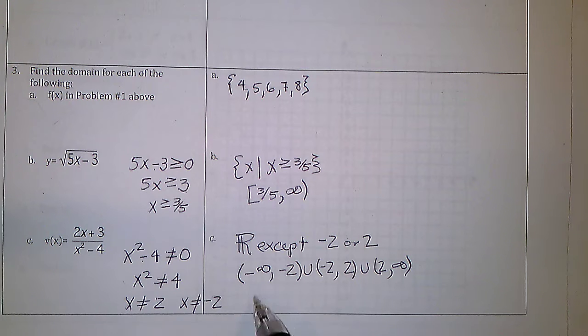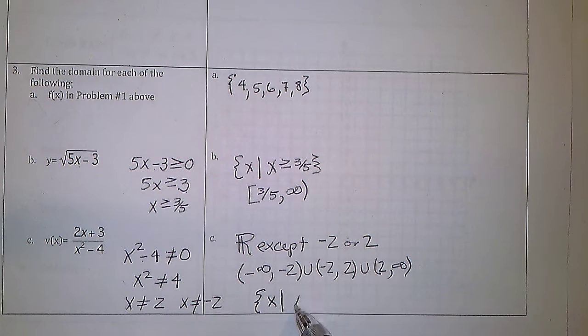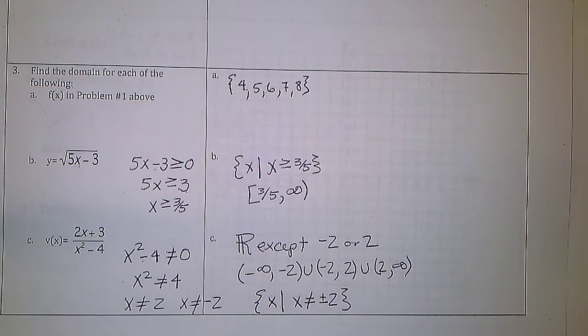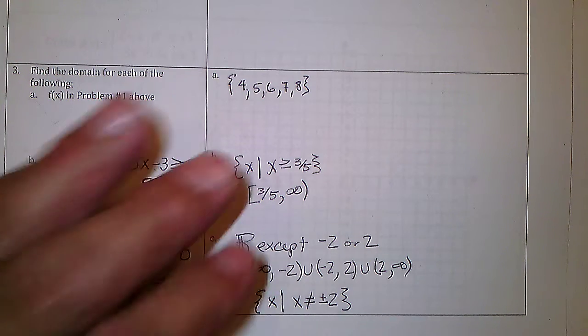Or I could write the set whose elements are numbers such that the numbers are not equal to plus or minus 2 in set. Okay? 3 ways to possibly do the answer on that.